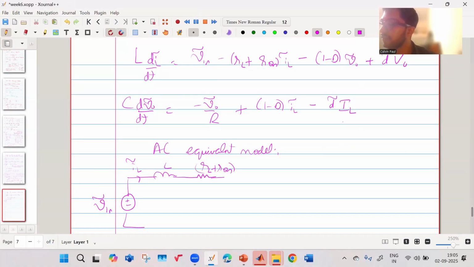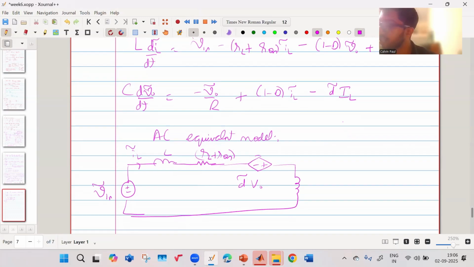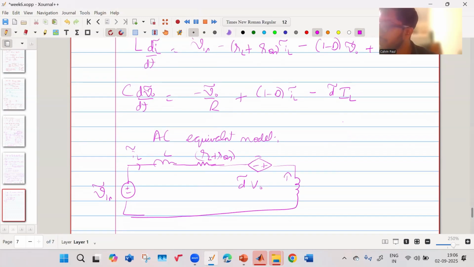This is there. Then you have your minus plus D tilde V_0. And this voltage over here, that is your (1 minus D) into V_0 perturb. Okay.